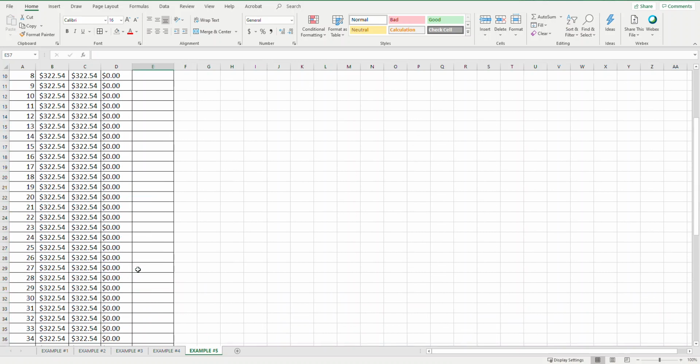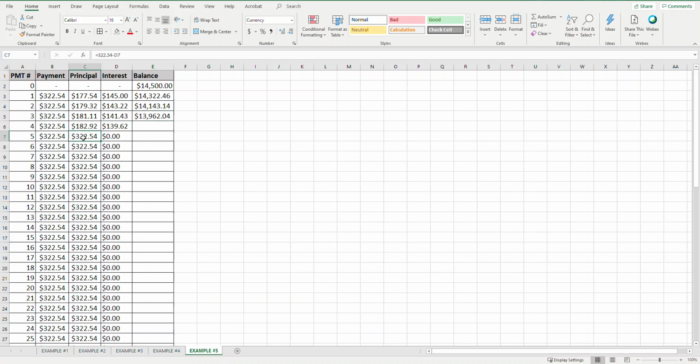Now of course, because I haven't updated the balance part of it, it's showing up as 0, and that's why this amount is $322.54. I had to change it briefly, where I just tell it to initially start at the payment minus the interest, so that it's a little more clean.